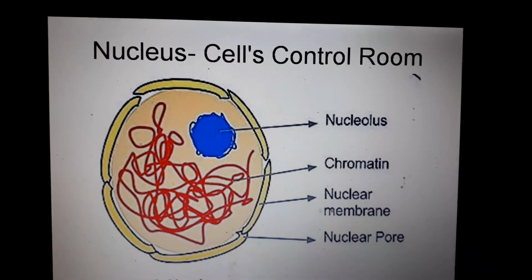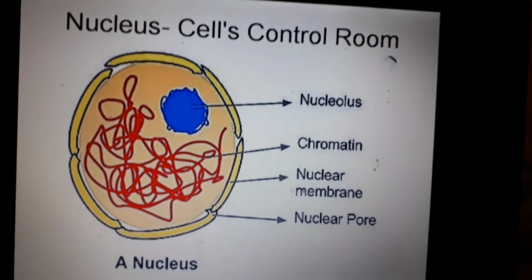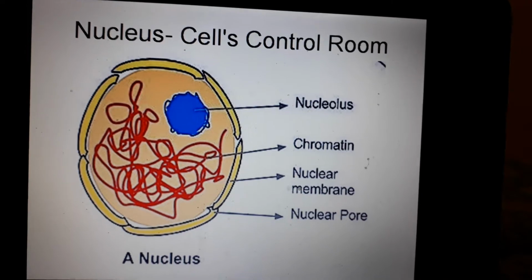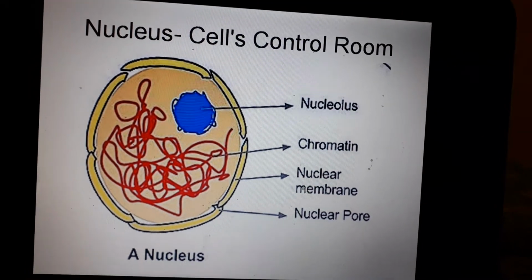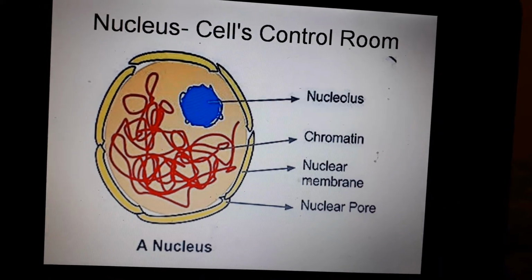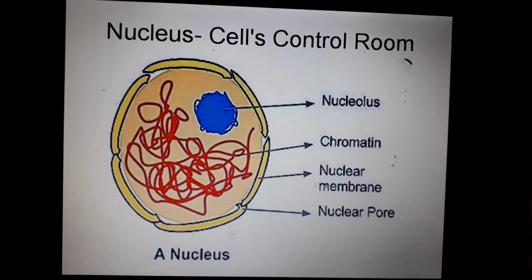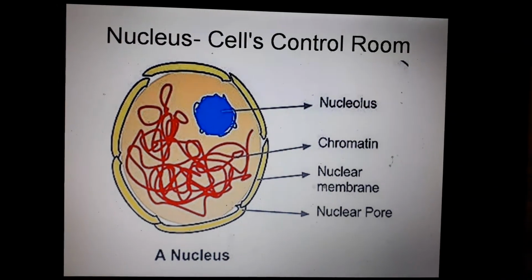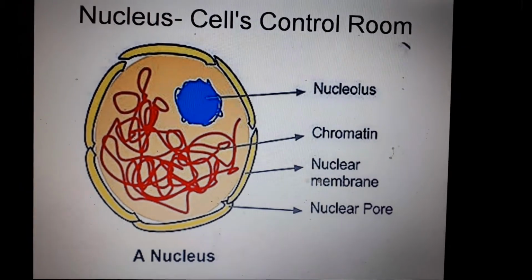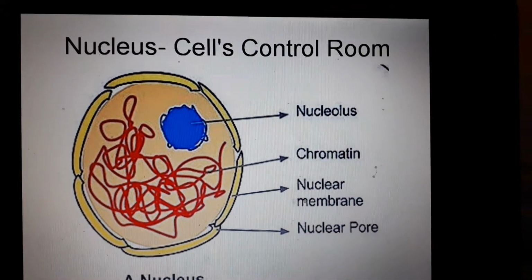That is the reason why hereditary factors, for example hair color, eyes, or any other physical characteristics or traits that you see in yourself, are transferred from your parents because of the information stored in the nucleus. The nucleus stores the genetic information of the parents and transfers it to the children.